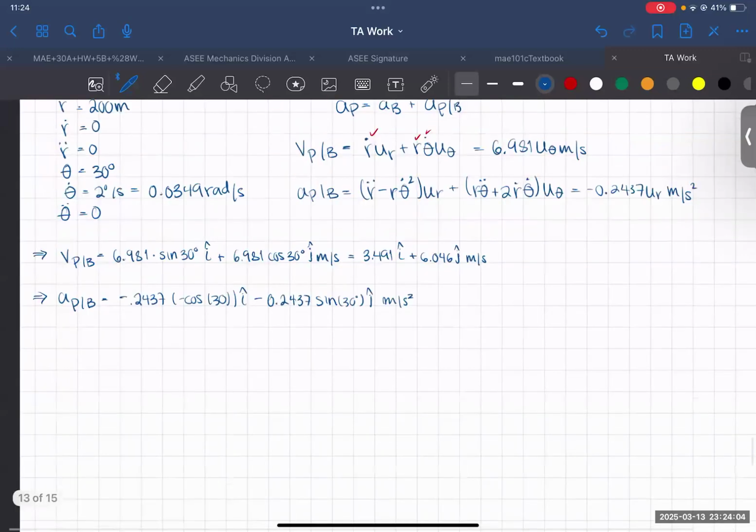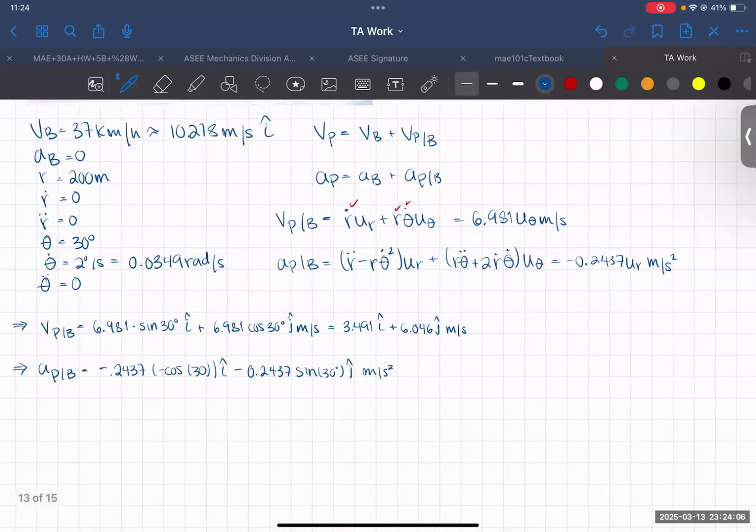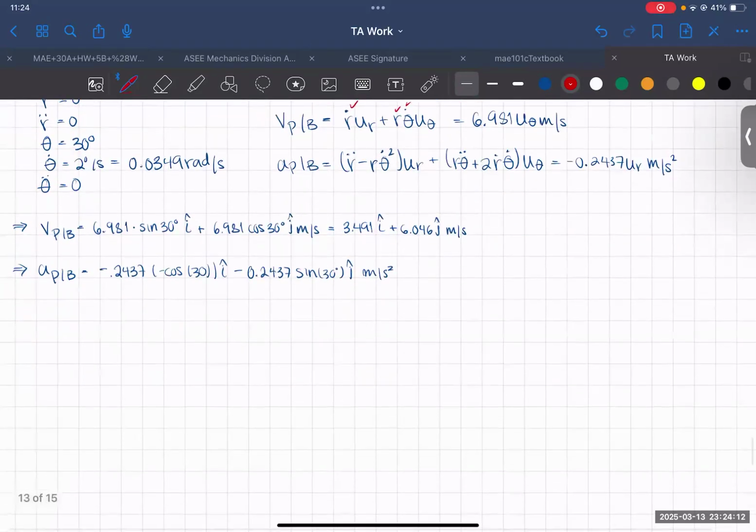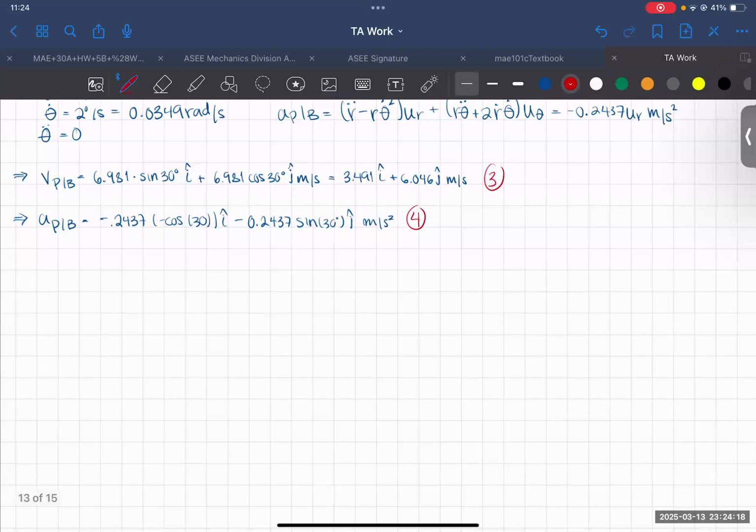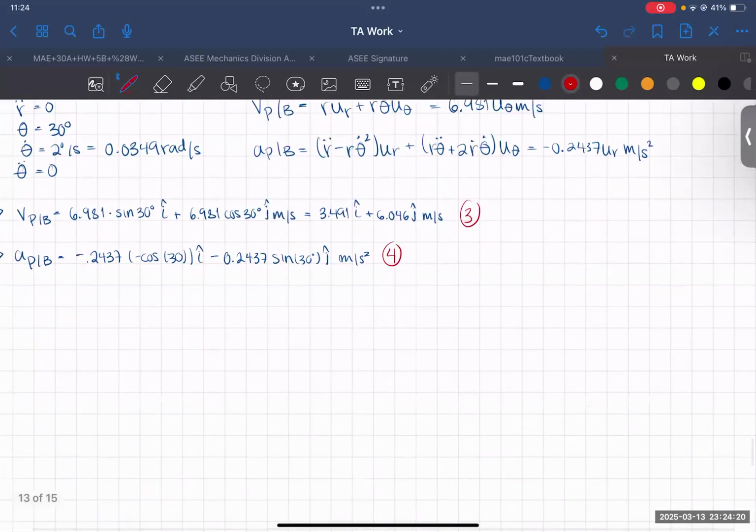So if we substitute these values back, let's say this is 3 and 4, substitute 4 and 3 back into 2 and 1.